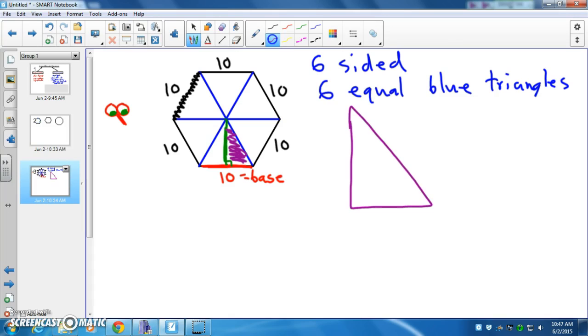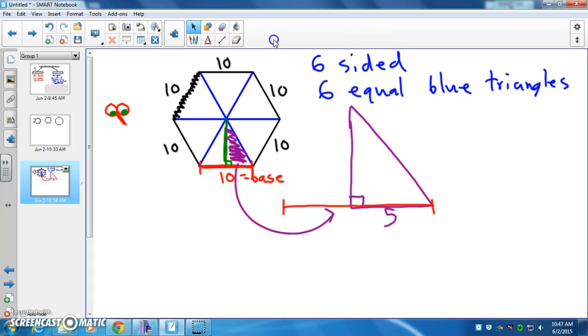Okay, so that pink part of it, or purple part of it, we're going to look at over there. Okay, first thing we know is if this whole side length was 10, over here on the bottom, this piece would be 5 because that's 10 and half of it gets me the 5.